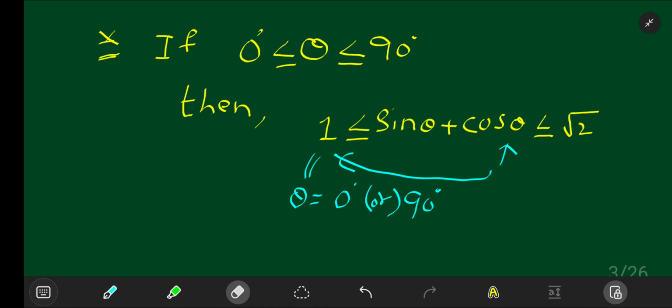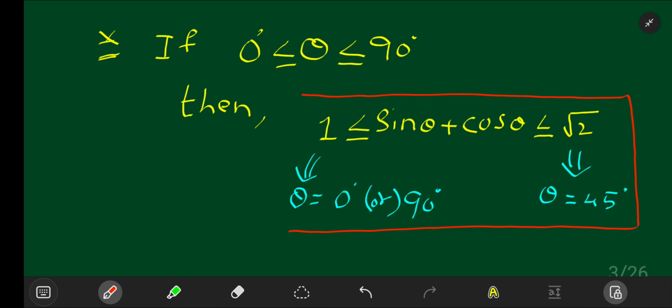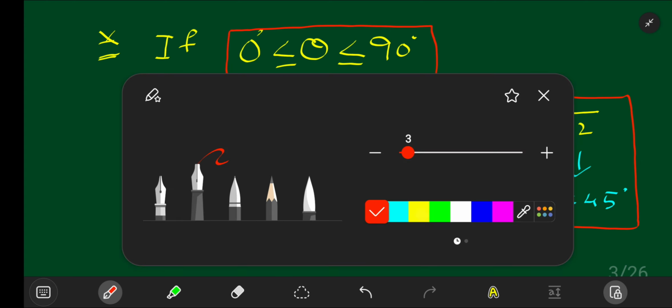If you substitute 90 also, sin 90 is 1, cos 90 is 0, so again 1 will come. Here also at theta equal to 45 degrees, the maximum root 2 will come. This is also an important one. Note down. You have to remember this theta range. Okay. Next.